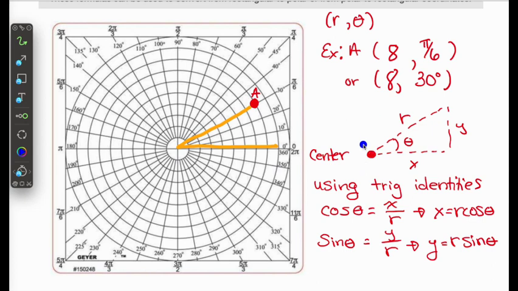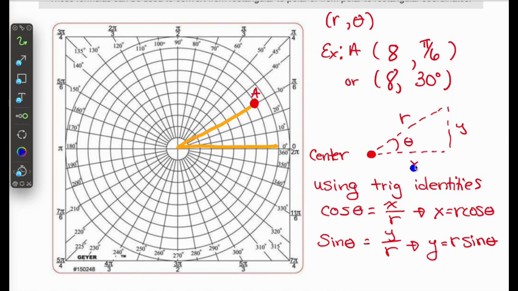Now, how do we get the identities that we see above in the definition? If we look at our angle that we come out, this is our theta, this is the radius, the radial coordinate, and when we think about it in terms of an XY grid, the point here to here shows the distance in X, and this point from here to here shows our distance in Y. So we're looking for our point A here.